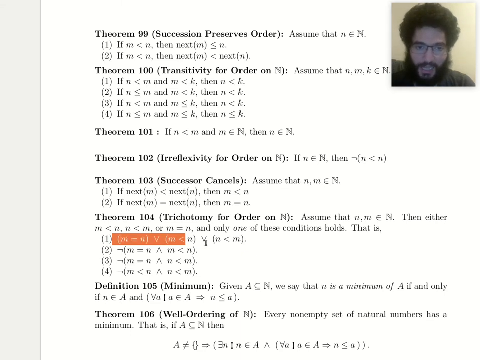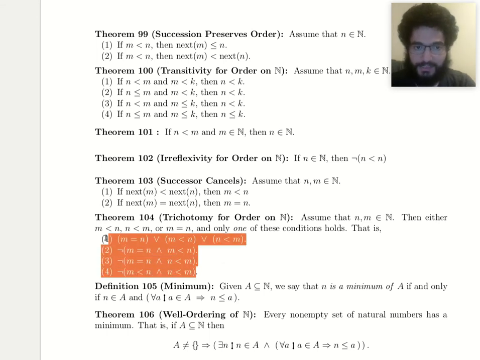So this is just saying at least one of them holds. Could be that multiple ones hold if all you know is number one. But then number two says, well, okay, it's not the first two both holding. Number three says it's not the first one and the third one both holding. And number four says you cannot have the second one and the third one both holding. So altogether, this is trichotomy.